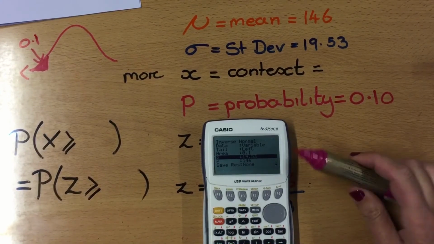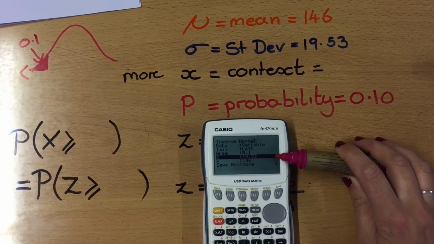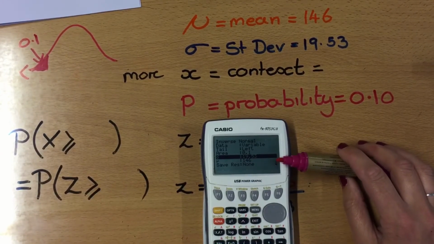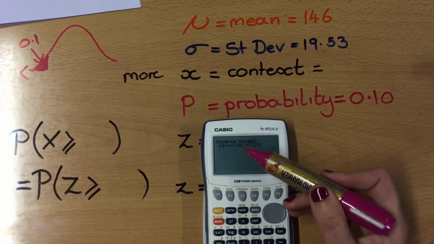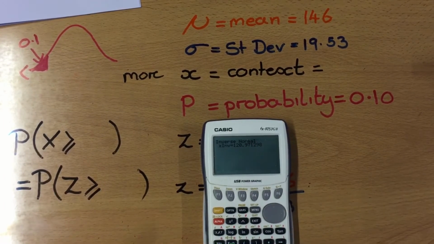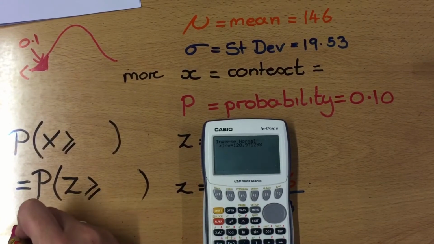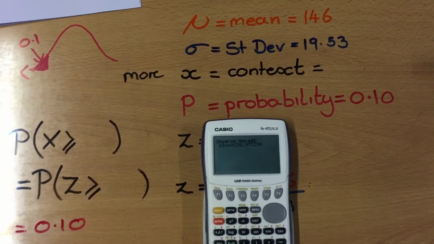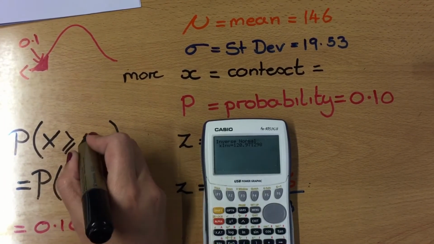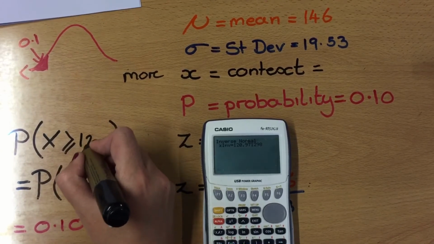And we've already got our mean and our standard deviation in there because it remembers it from whatever you set last time. So when we press equals, we get our value of x straight off. So we know that this is 120.